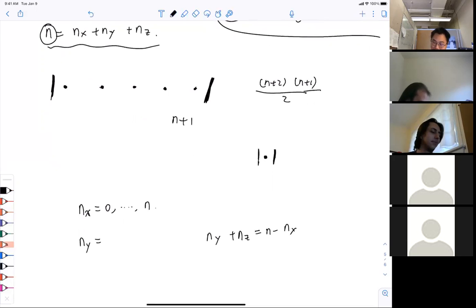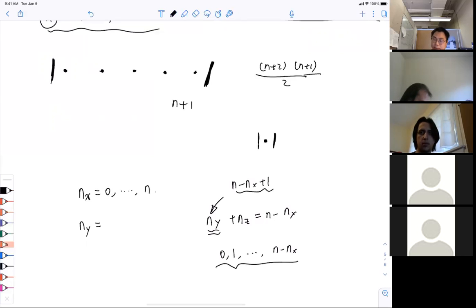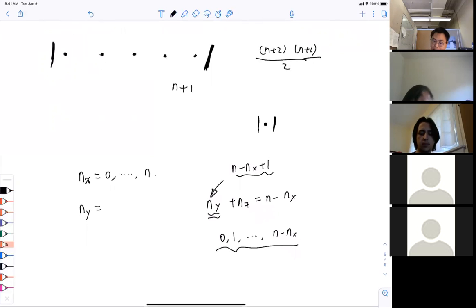That means your ny can be 0, 1, up to n minus nx. So ny has n minus nx plus 1 choices, right? Once you fix your nx and ny, your nz is fixed.